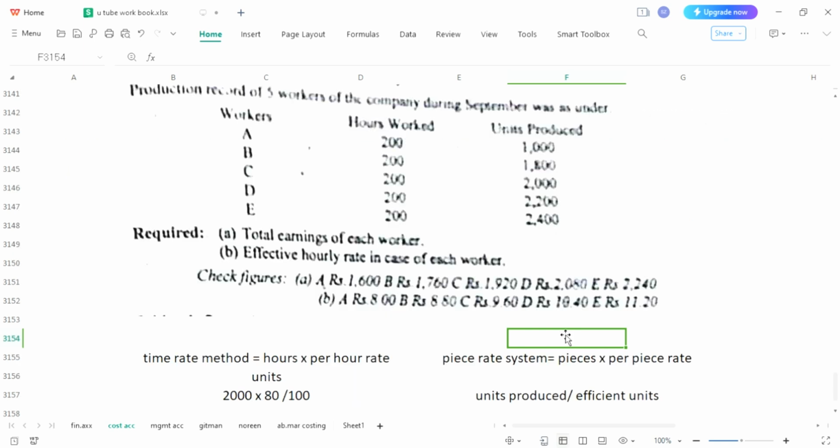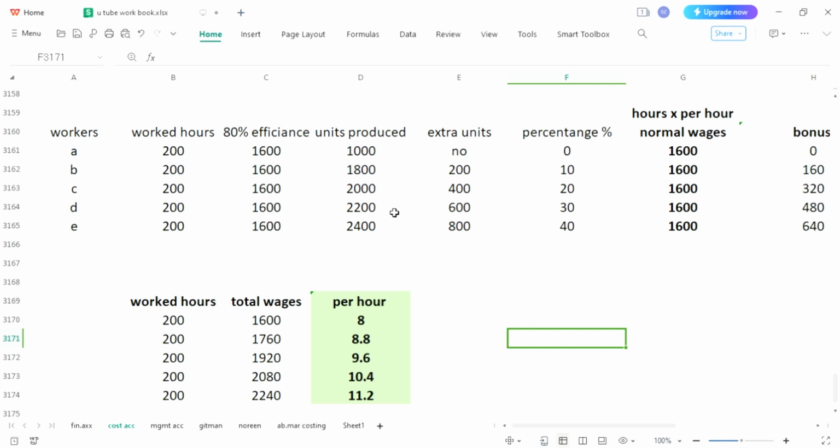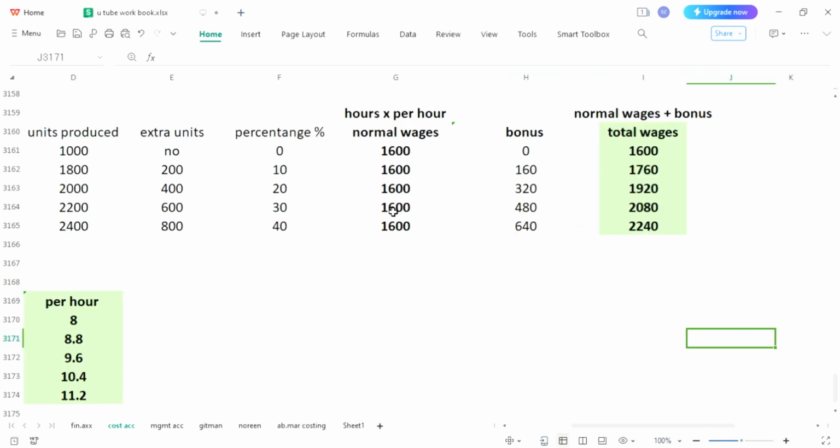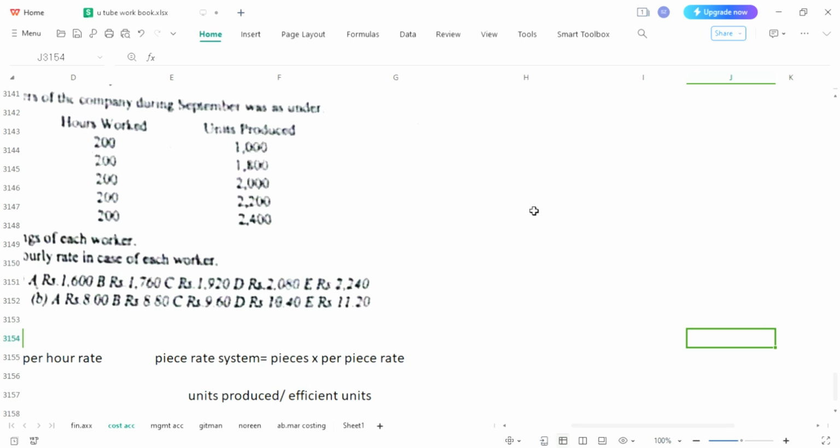Hopefully you have understood. Though the question was very short, it was really interesting. Every worker had worked for the same hours, but their payment is different. Worker A got the least payment, worker E got the maximum. Why? Every worker worked the same hours, so why are they getting different amounts of wages?